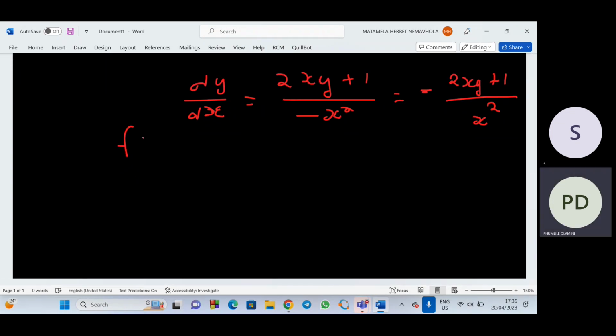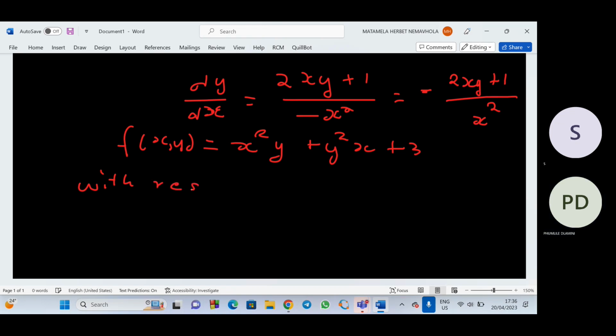Let's say I use f of x and y, which is equal to x squared y plus y squared x plus 3. So in this function, the question says differentiate with respect to x.